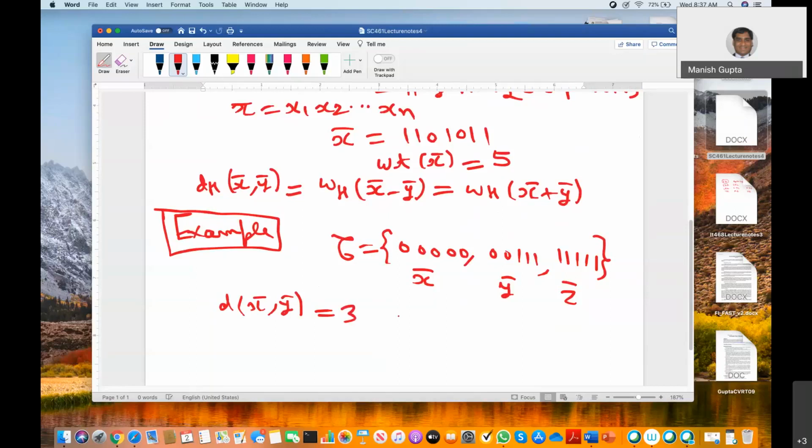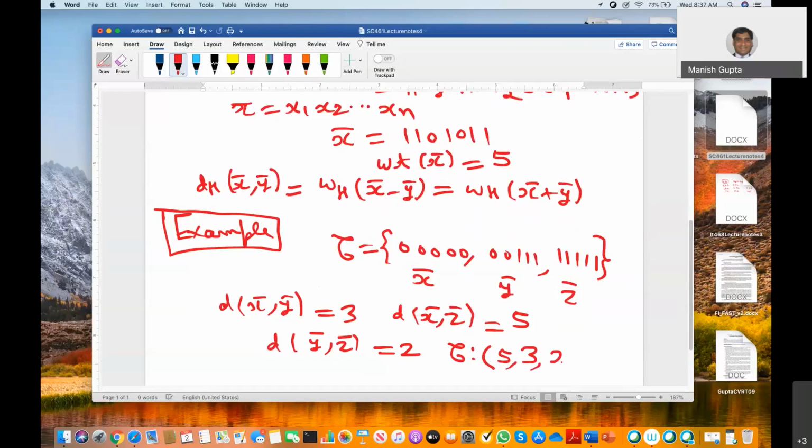Similarly, the distance between x, z is 5; x and z differ in 5 places. And the distance between y, z is 2. The minimum distance is 2, because we can compute the pairwise distance between all code words, and it turns out that 2 is the minimum. So C is a (5, 3, 2) code.